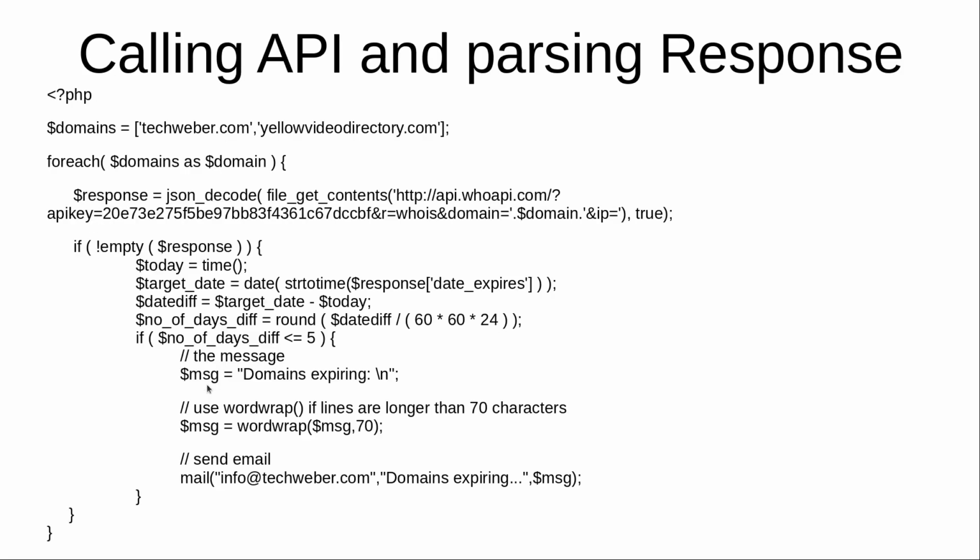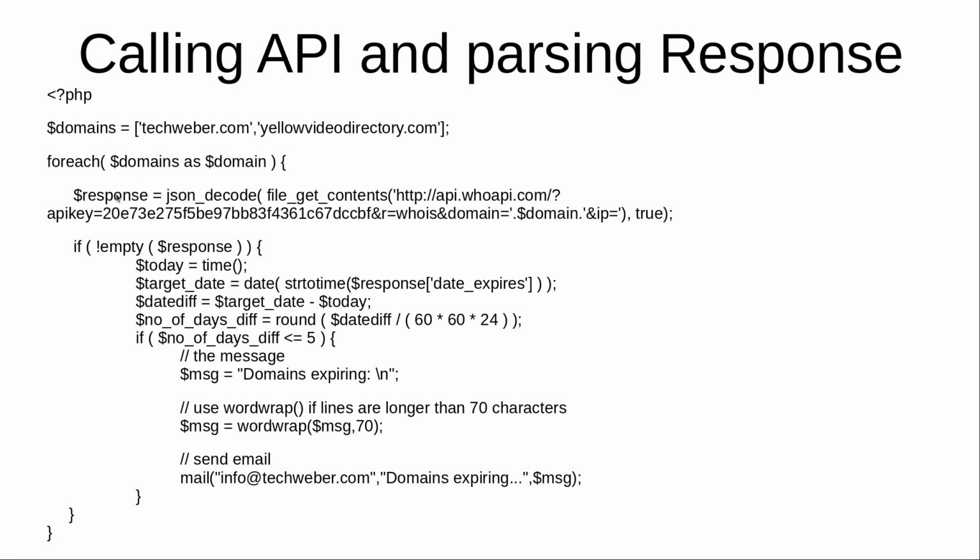So this is our PHP code that defines a domains array, and in this array you can mention the domains which you are interested in. It can be one domain or it can be hundreds of domains. And after that we start with the foreach loop and we go through each domain and we hit the API whoapi.com with each domain name, and we convert it into an array with JSON decode because the response is in JSON.